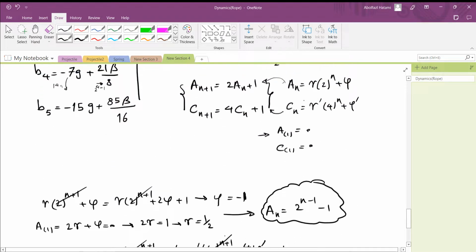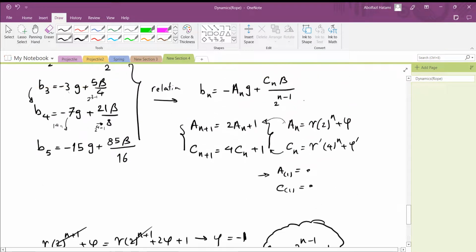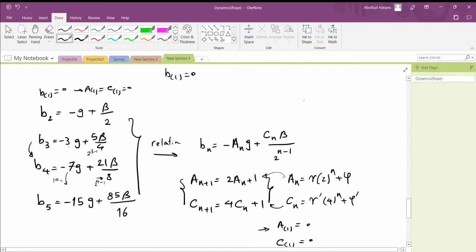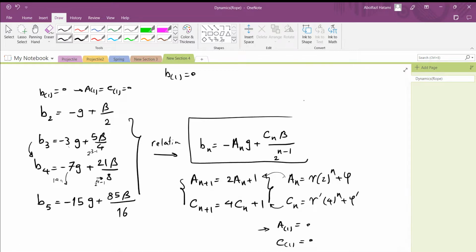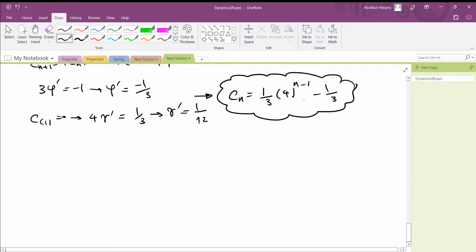Okay, now with these a_n and c_n, we can actually find b_n. So b_n is minus a_n.